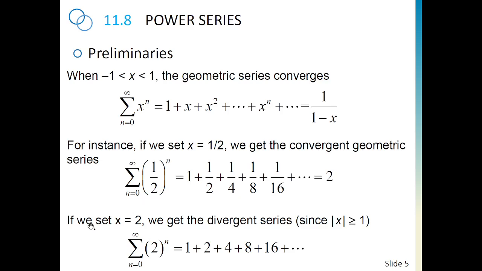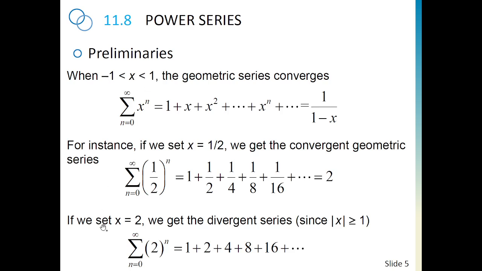Now if I take x outside of the interval of convergence of my geometric series, this equality doesn't hold for those x's, even though this function here is defined, but the series is divergent, so the series is no longer equal to a function when we are outside the interval -1, 1.